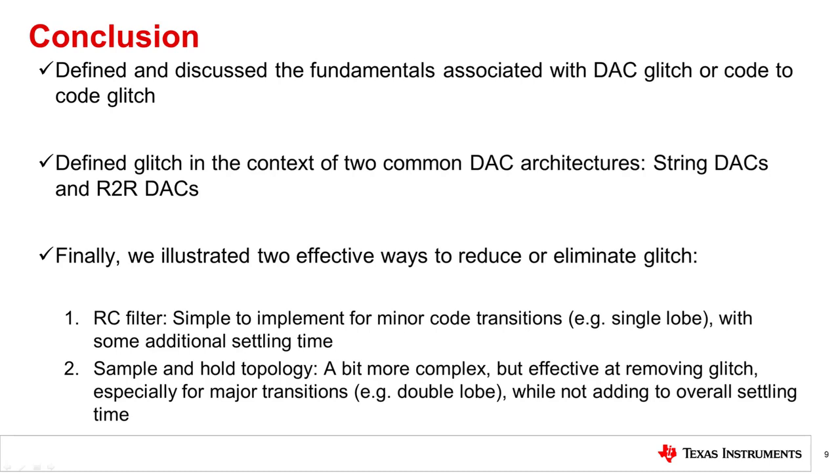First, either by adding a simple RC filter, which is simple to implement for minor code transitions while adding somewhat to the overall settling time, or second, by adding a sample and hold topology. While a little more complicated to implement, it is very effective at most totally removing glitch, especially for major transitions, while not adding to the overall settling time.